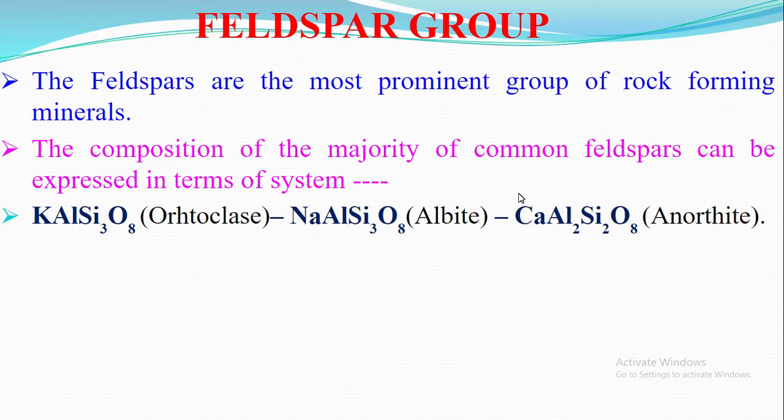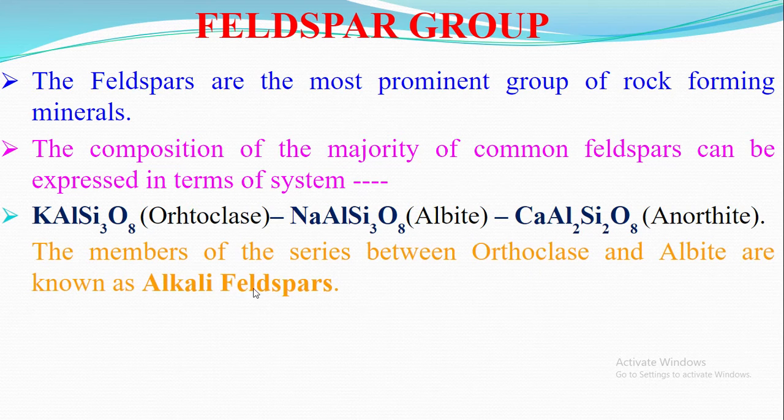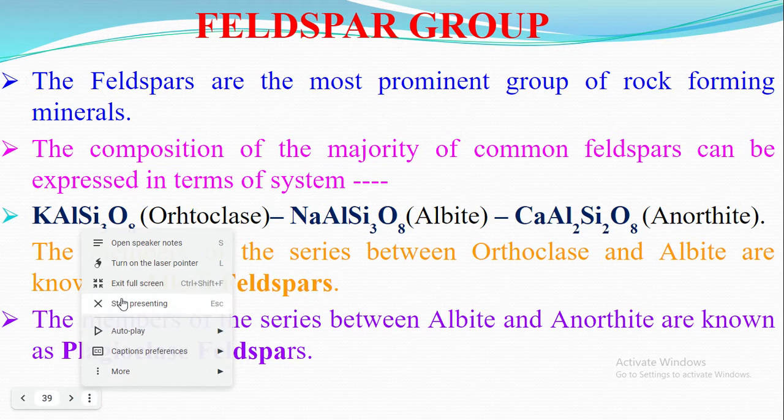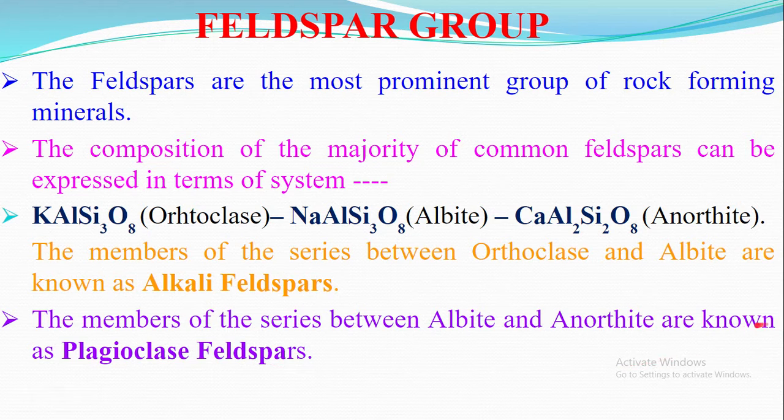They will fit into the SiO4 tetrahedra. The feldspars which lie between orthoclase and albite are termed alkali feldspar, and the members between albite and anorthite are known as plagioclase feldspar. So we have two groups in the feldspar, alkali feldspars and plagioclase feldspar.